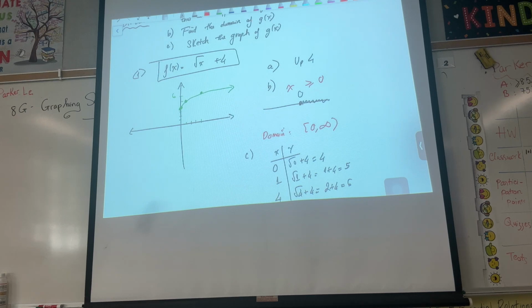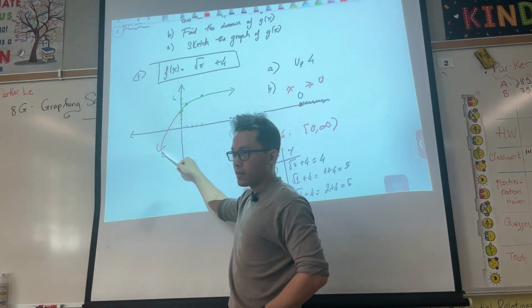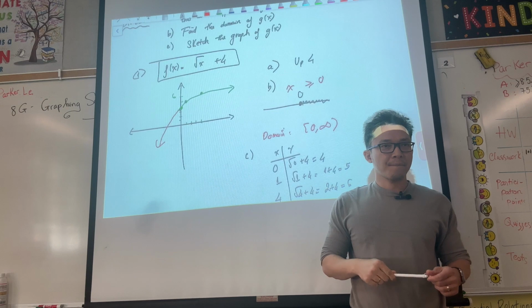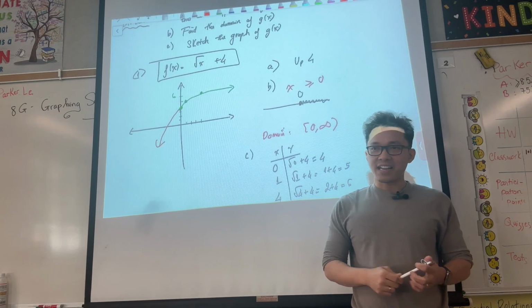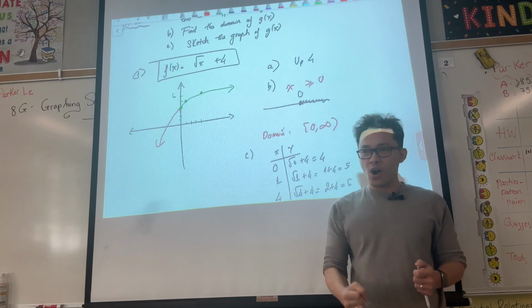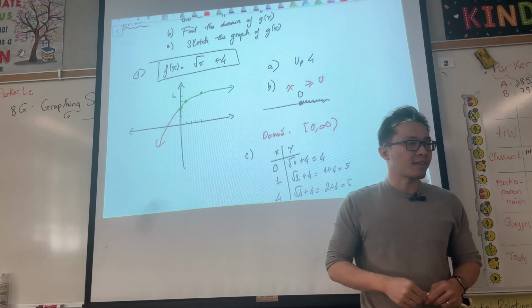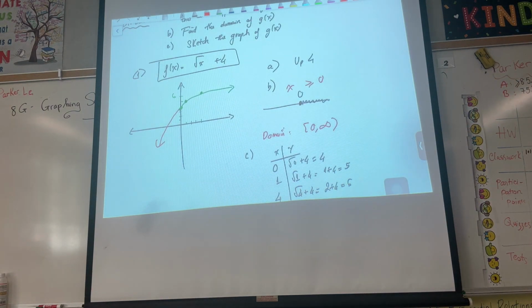I asked you this too. Can the graph go over like this? You sound like you're not sure. No, make it a statement, affirmative. Why not? Let's give around 1 point because it's in the domain.